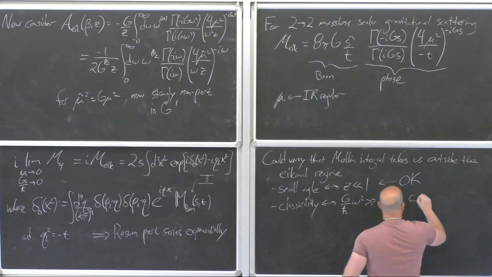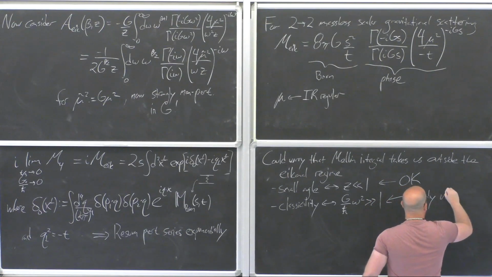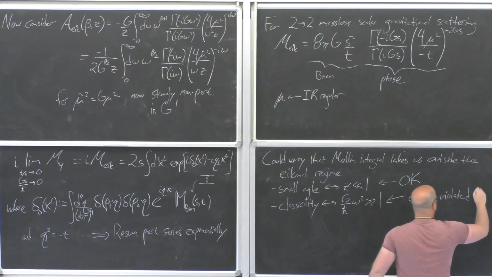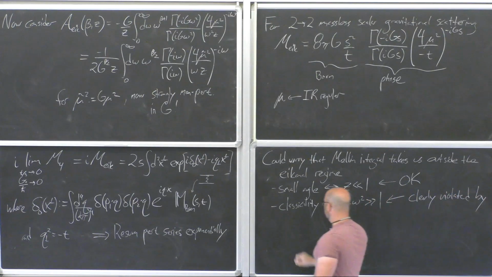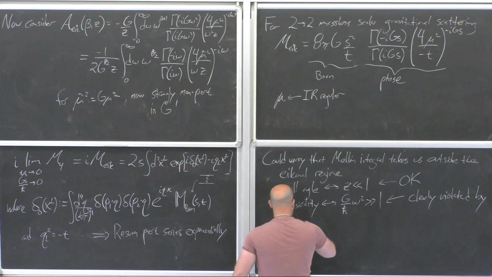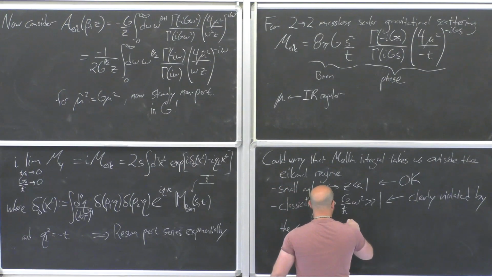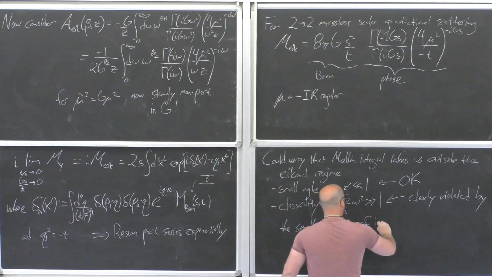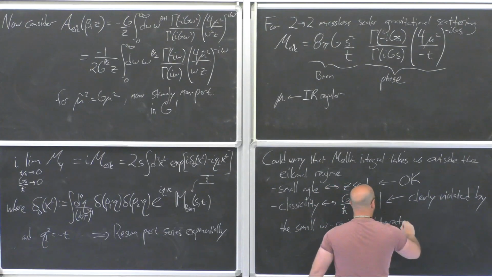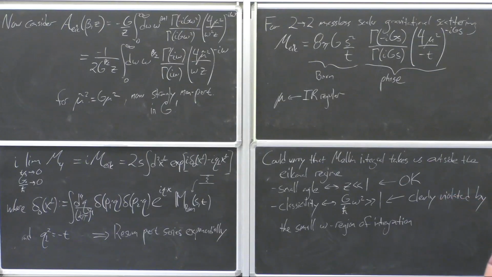This one is clearly violated by the small omega region of integration. Okay? But actually, this also isn't something to lose too much sleep about, because the region of the Mellin integral that gave us trouble to any finite order in perturbation series was the large omega regime.